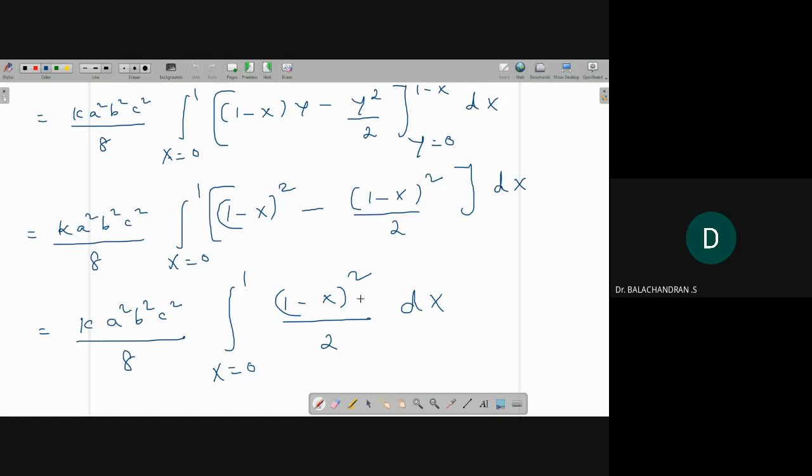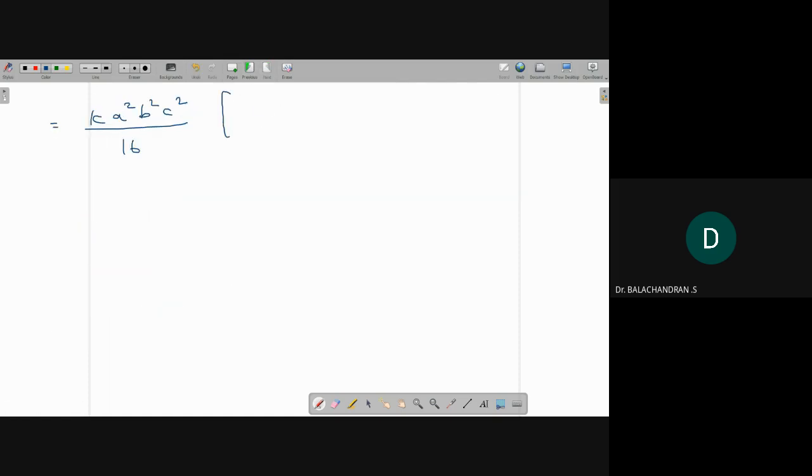If you integrate 1 minus x whole square, you will get directly 1 minus x whole cube divided by 3 into minus 1, because if you differentiate minus x you get minus 1.